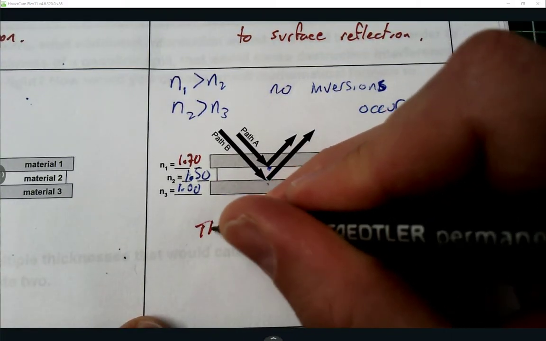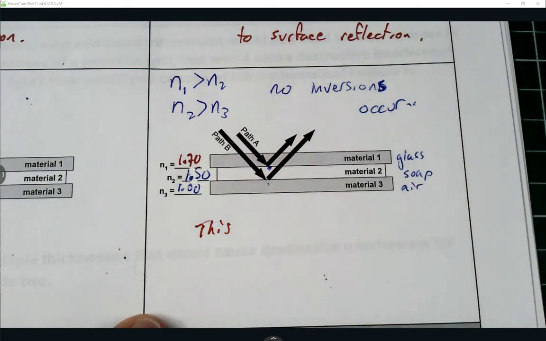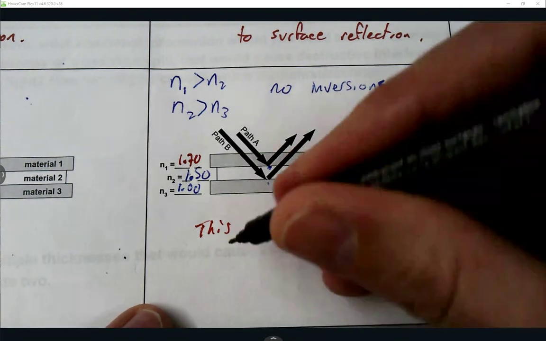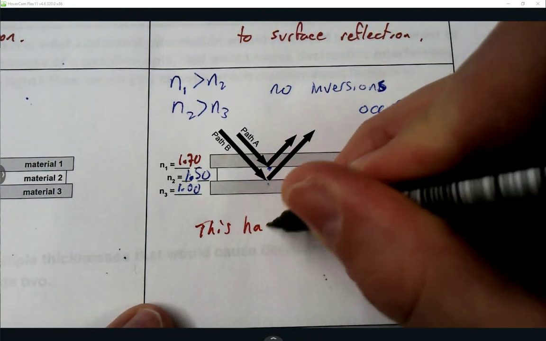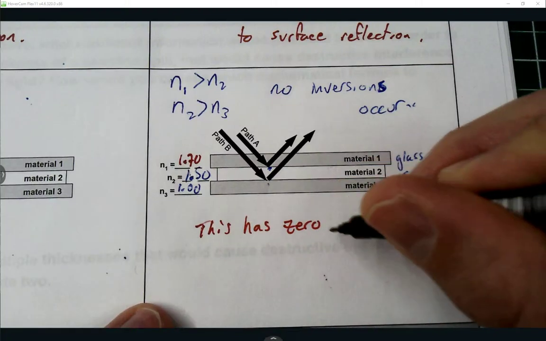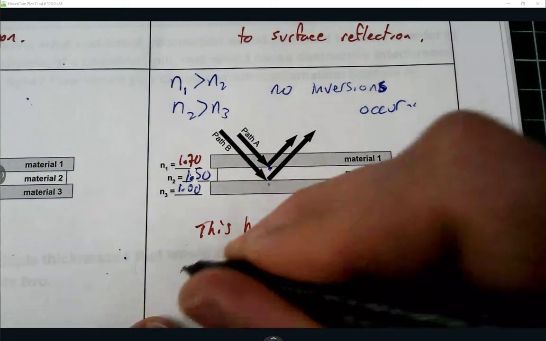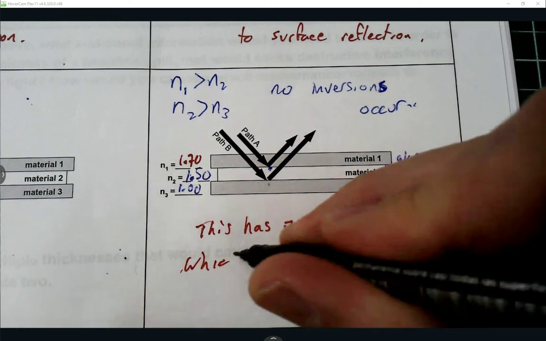Now, this is one of those things that the philosophers can deal with later. But do you suppose that 0 inversions counts as an odd number or an even number? Yeah, 0 counts as an even number because it's not odd. So this has 0 inversions, which is considered even.